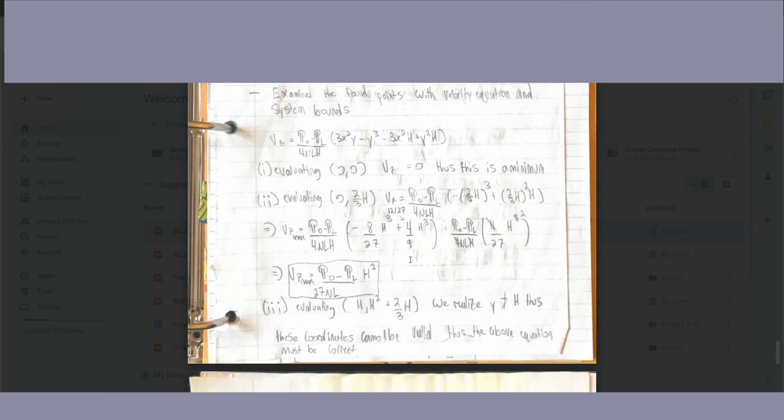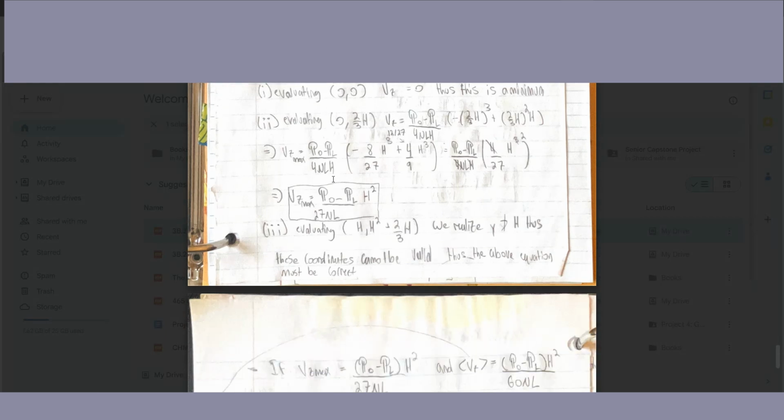I don't know. That's kind of weird. Like I said, it's definitely this equation. I don't know what I was doing with all that other stuff, but this is definitely Vz max.